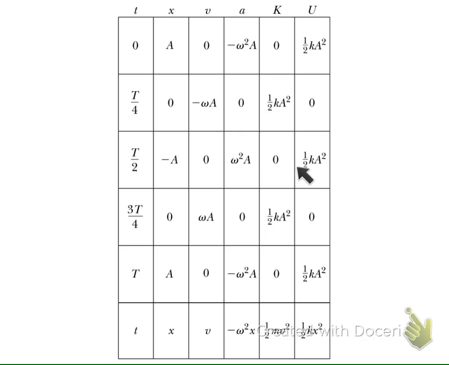Kinetic energy is 0, potential energy is maximum, and you can follow this to the 3/4 of T and 1 T. You can resolve it like this, and in general we have the relation between t, x, v, the acceleration, and the kinetic energy and potential energy like this.